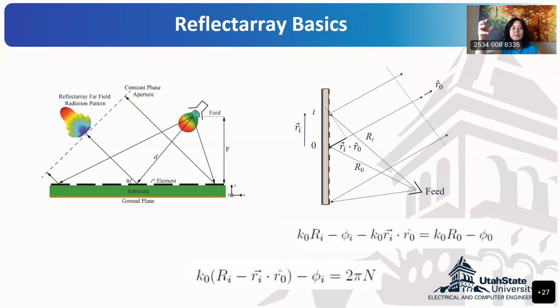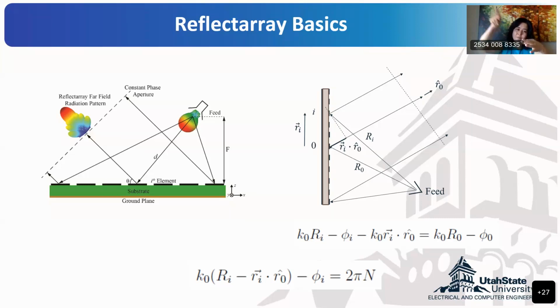The way we design a reflectarray is we design the phase response of each element so that it can bend the light, making the radiation go to a certain direction. Normally you can do the bending by concaving the surface, but in a reflectarray, instead of mechanically changing the surface, we give each element a phase delay.